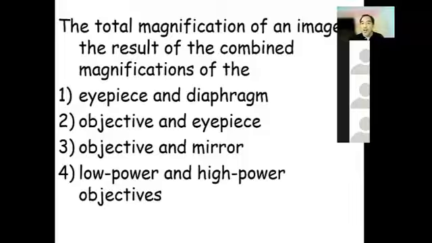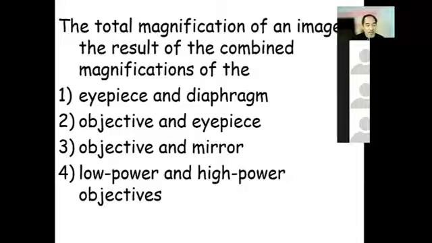We have an answer to this one. The total magnification of an image is the result of the combined magnification of the blank. Which is the answer? Did we ever say eyepiece? We didn't even say an eyepiece. And also diaphragm. Okay, so you eliminate that one. So this is how you answer questions. You actually really do elimination.